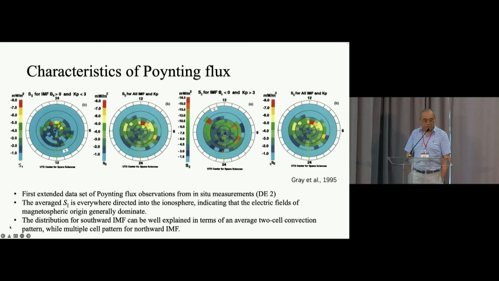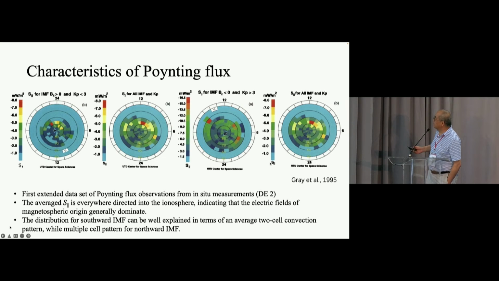Whereas when Bz is smaller than 0, you have magnetic activity, so you have a typical two-cell convection pattern.